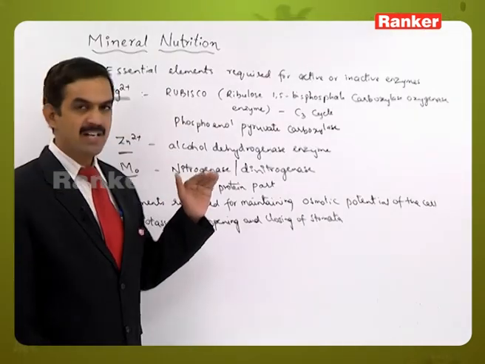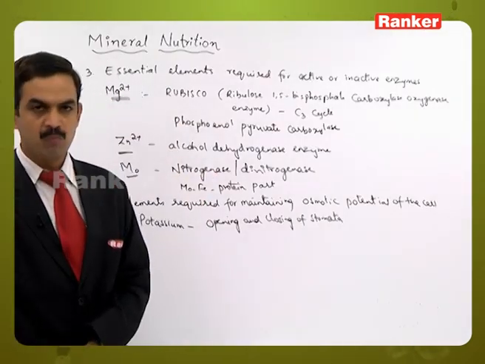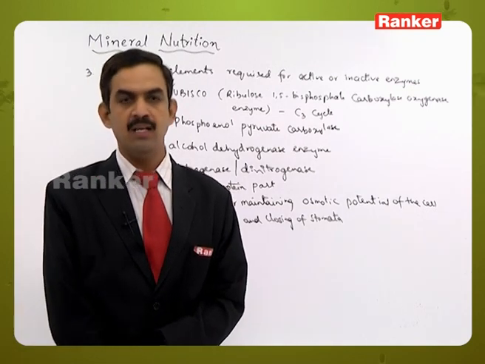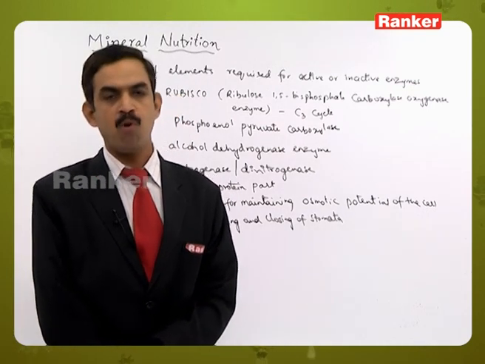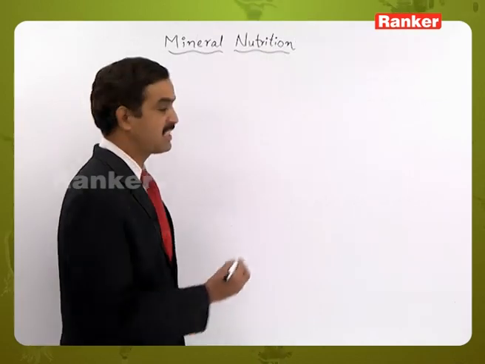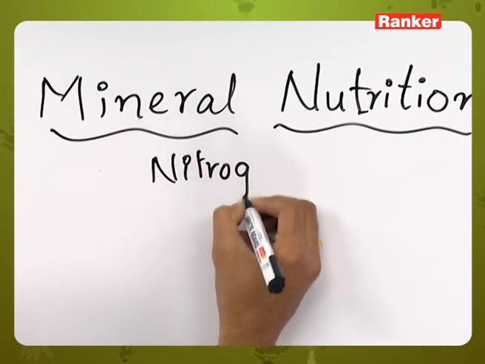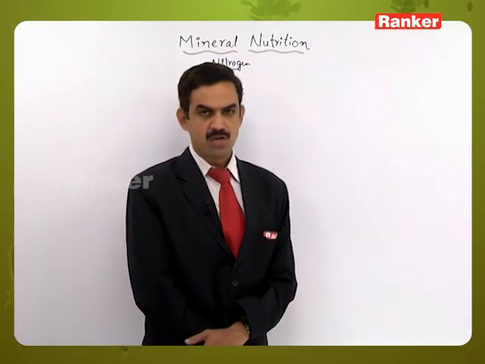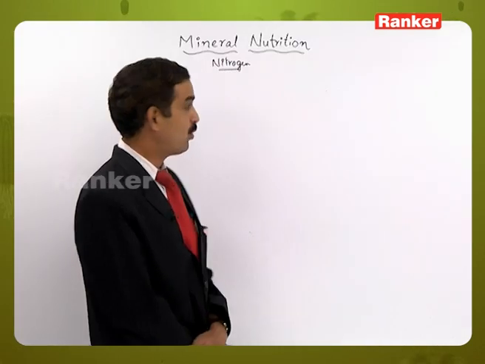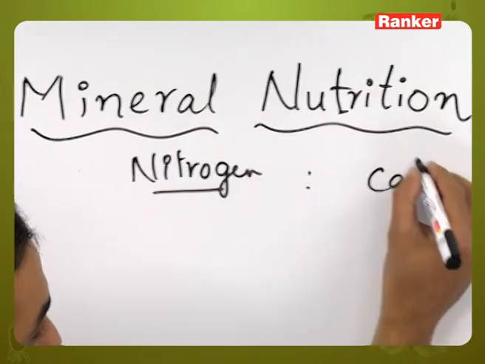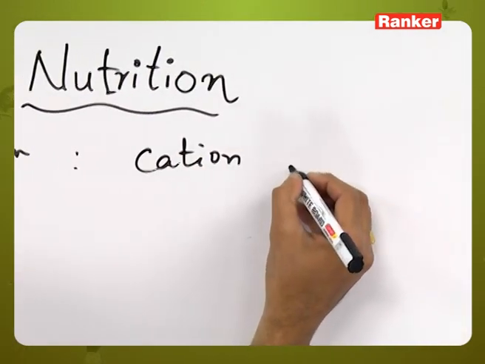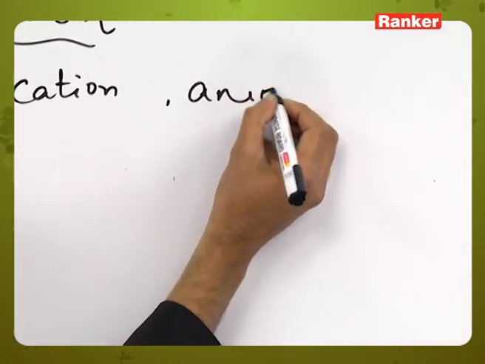Likewise, here the elements are divided into 4 criteria based on their significant role being played in the metabolism of the plants. The significance of various types of elements, starting with nitrogen. Nitrogen is absorbed by the plant both in the cationic form and in the anionic form.